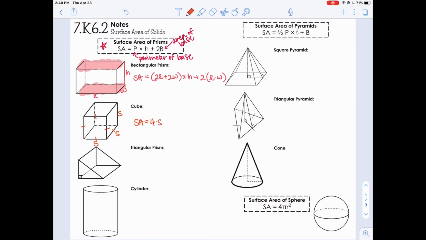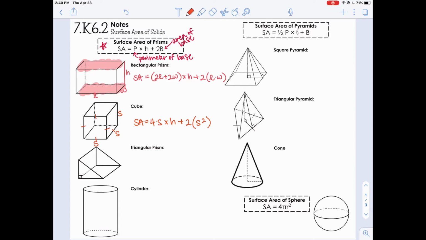If we add up all the sides, side plus side plus side plus side, and then multiply that by the height, H. And then we're going to add 2 bases, so 2 times the base area. The base area is side squared. That's going to give us the surface area of a cube.